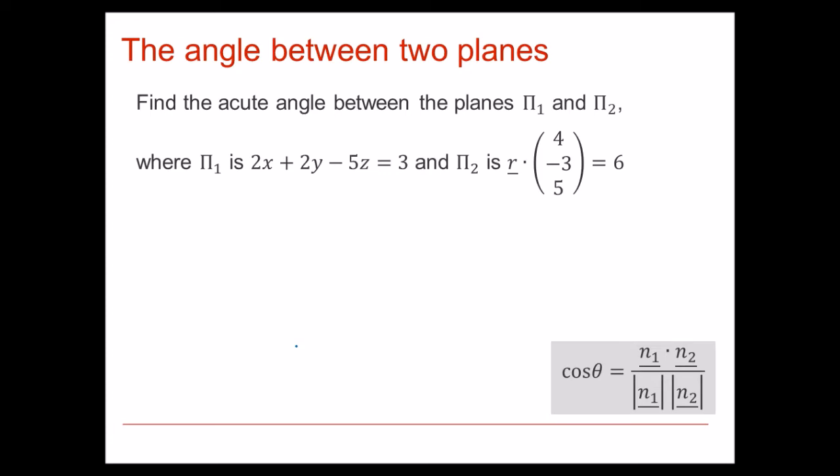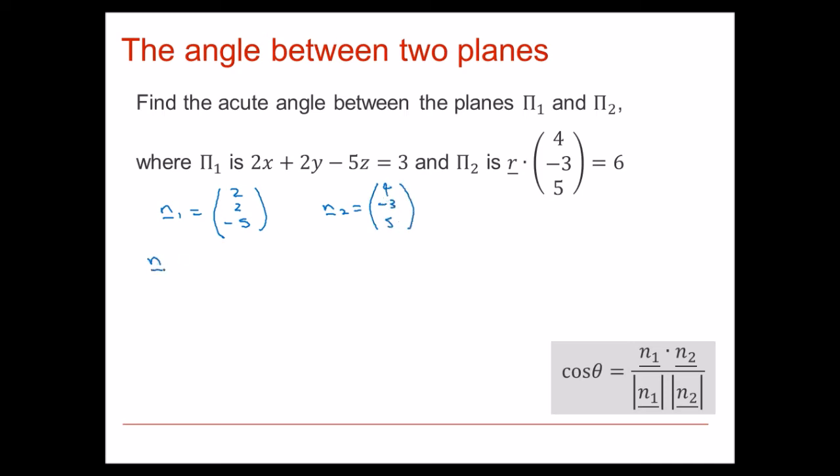So now we're going to find the acute angle between these two planes, and notice one of them is in Cartesian form and one of them has been given in the form of r dotted with n equals k. So the first thing I would do here would be to pick out both normal vectors. So the first normal vector is going to be the coefficients of x, y, z, and the second normal vector is clearly the 4, minus 3, 5.